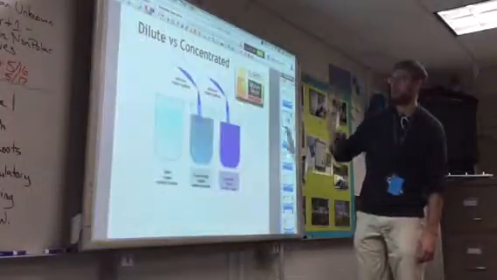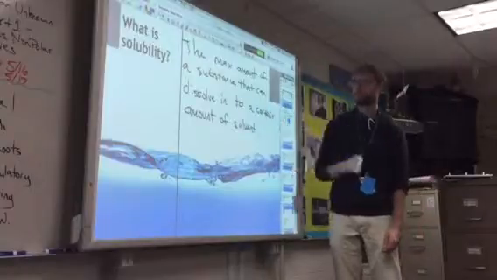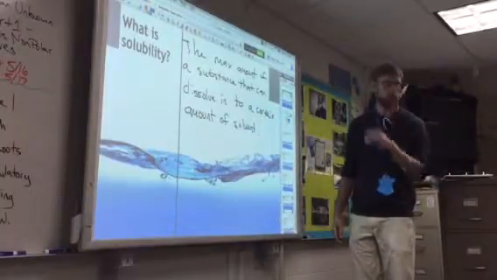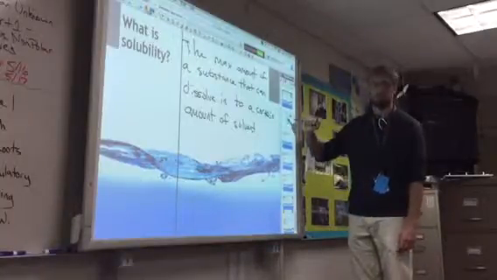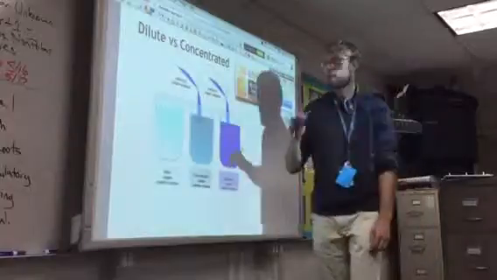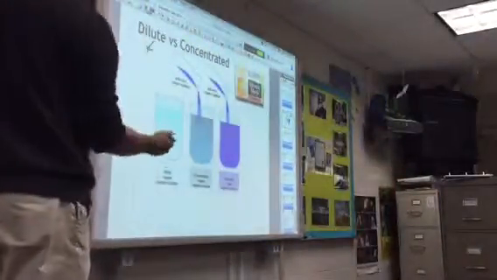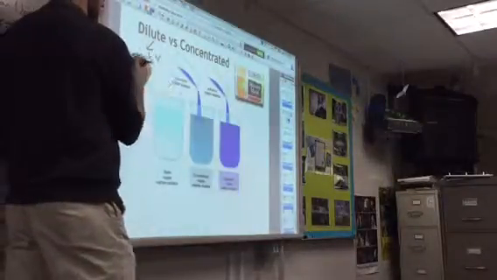Okay, so that's solubility. I want to talk real quick about something else. So solubility, the max amount of substance that can dissolve into a certain amount of solvent. We've got a couple more terms here. Dilute, these should be a review for most folks. Dilute is going to be called a weak solution.